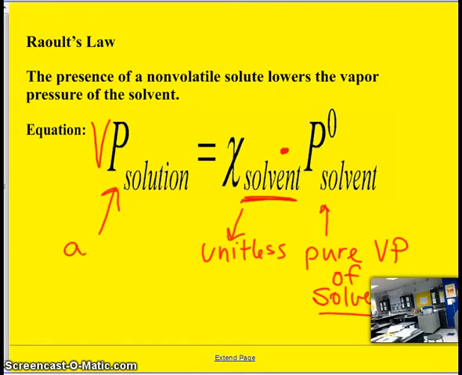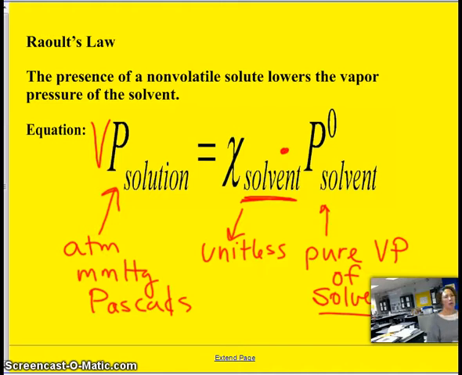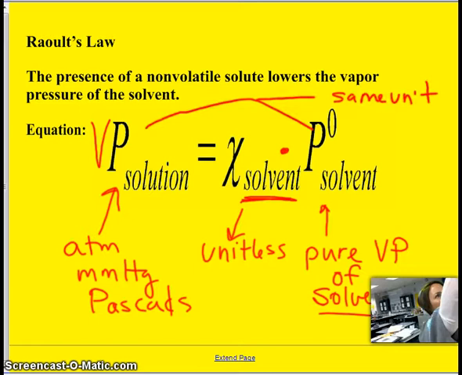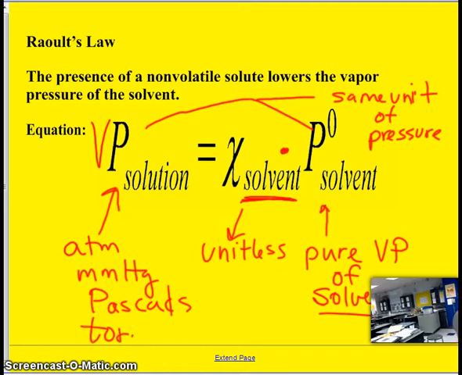So this can be in atmospheres or millimeters of mercury or pascals or kilopascals, PSI, it doesn't matter. But these two pressures have to be in the same unit, and usually they will be. Another unit you often get here is torr. Torr is the same thing as millimeters of mercury.